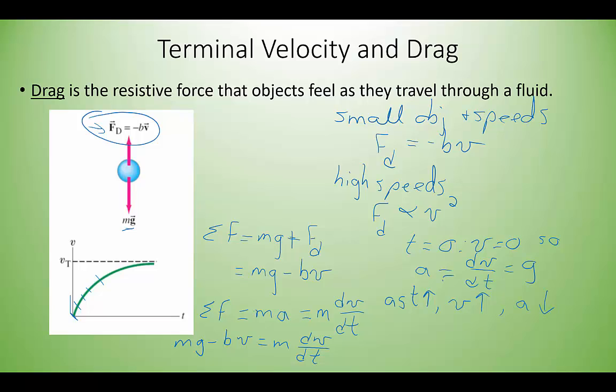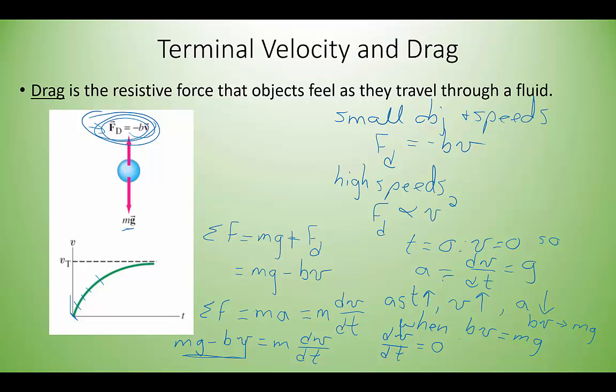And remember, acceleration decreases because your drag force, negative bv, is getting larger, and it is headed towards the same value as the weight of the object, mg. When we get to the point that bv is equal to mg, or mg minus bv in the equation is equal to 0, then dv dt equals 0. At this point, there is no acceleration. So bv goes to mg, and when bv is equal to mg, dv dt equals 0.